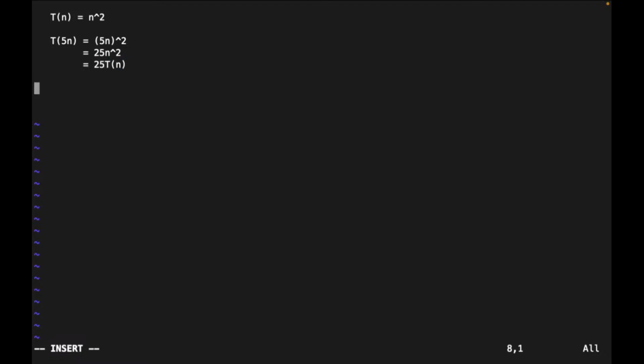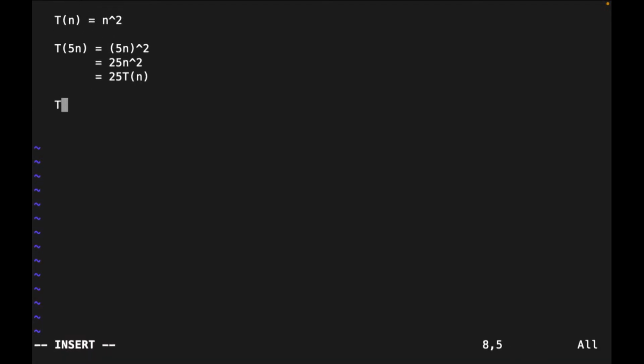So let's look at another one. Instead of a quadratic algorithm, let's suppose we've got a cubic algorithm. This time we're going to say T(n) equals n cubed. If we triple the input size, how much longer is it going to take compared to originally?